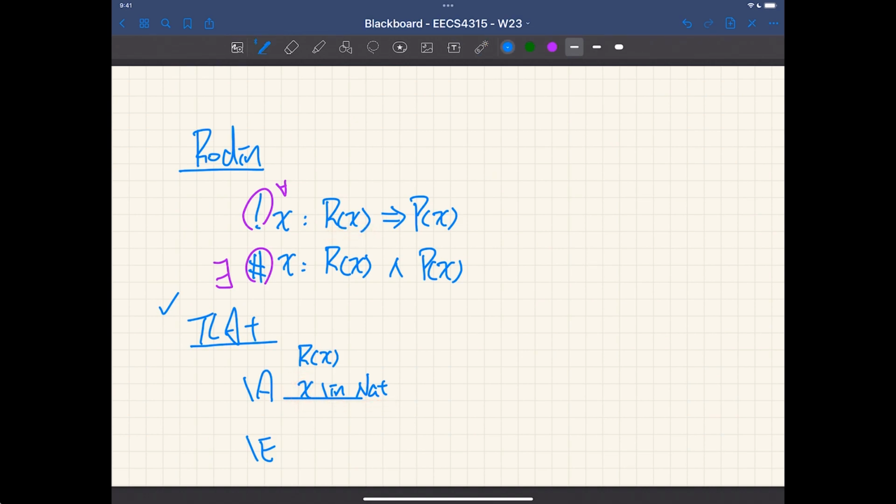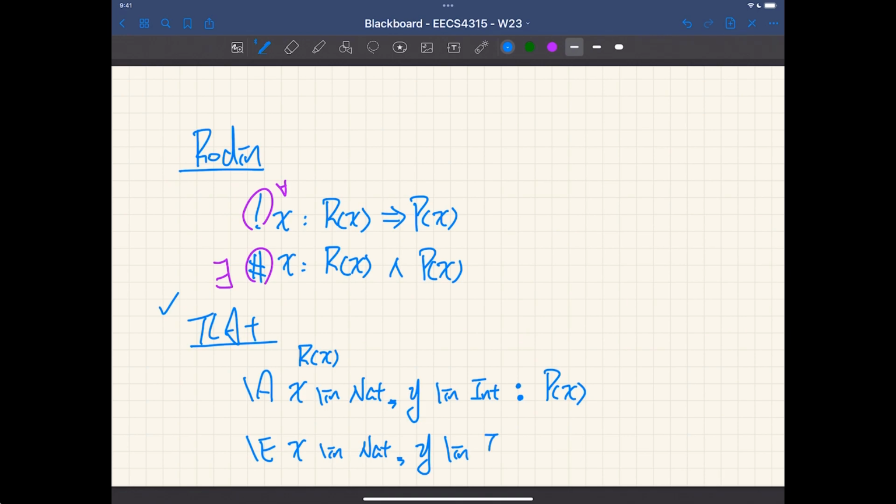And I might say another one. x in natural number, comma, y in integer. And then you put a colon over here, and you might say some property. You can put whatever property you like over here. Similarly for existential, you can say x in natural number, and also y in integer, and then a colon, P of x.